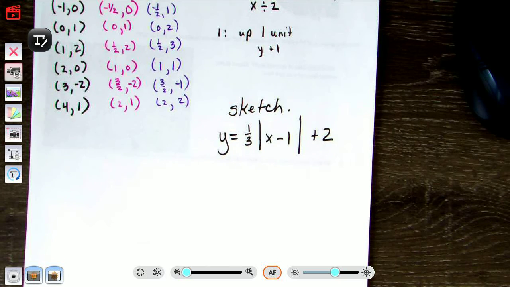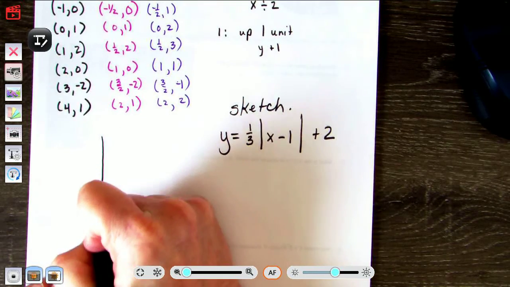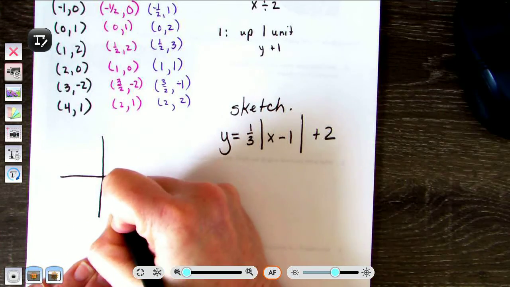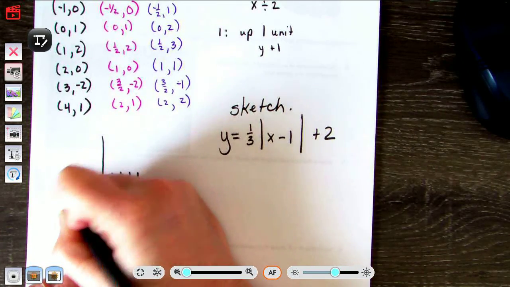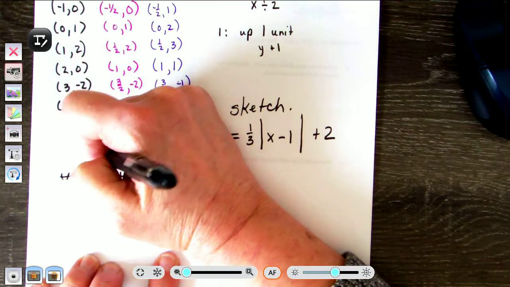And so what we have to remember is our basic function is the absolute value function. So I'm going to be drawing our absolute value function over here. And it's the one that starts at (0, 0), and it is our V function.